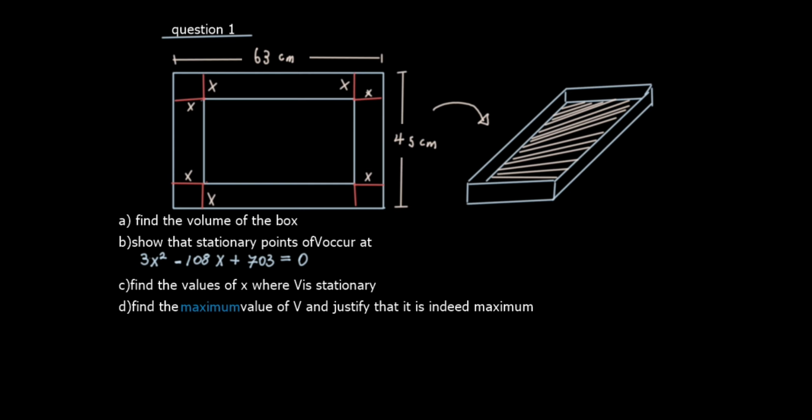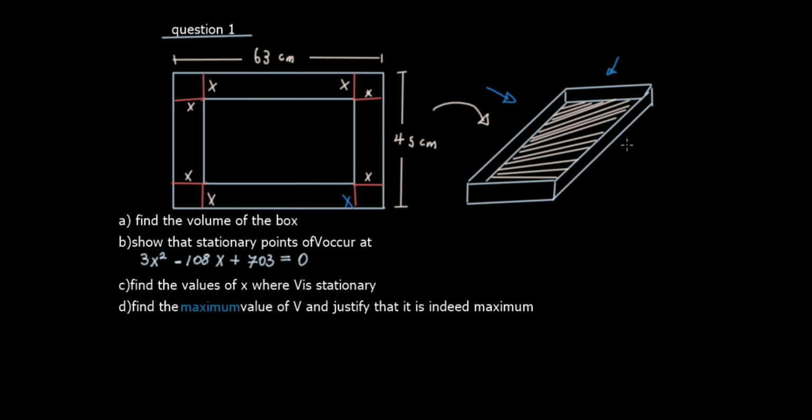Firstly, let me say we're given the cardboard box in the flat form, and then we know that the original form of it is this one here, which we can put our tools inside. So the first part says find the volume of the box, this box over here.